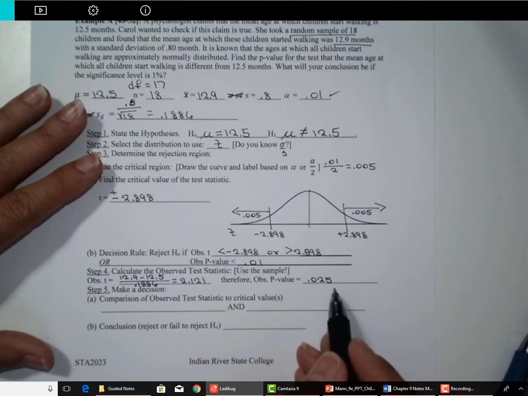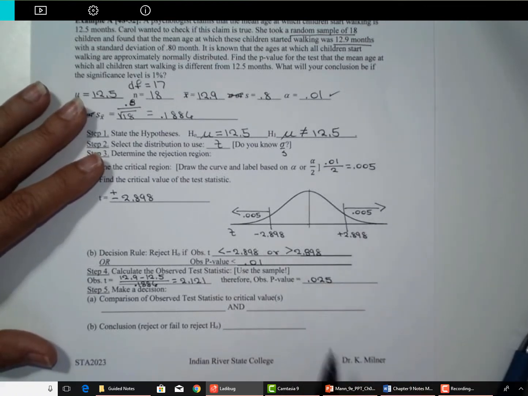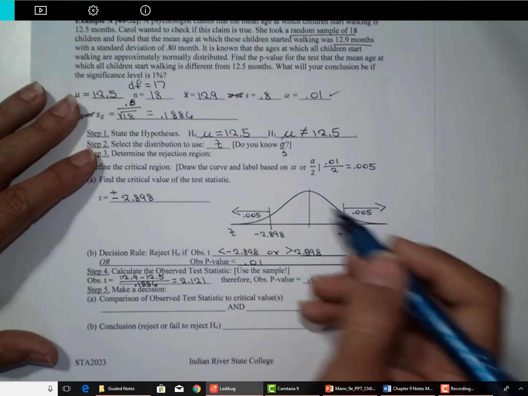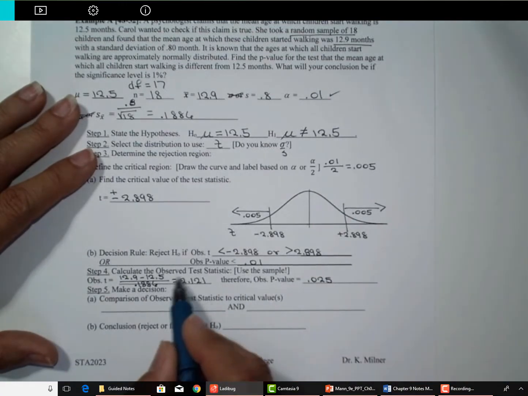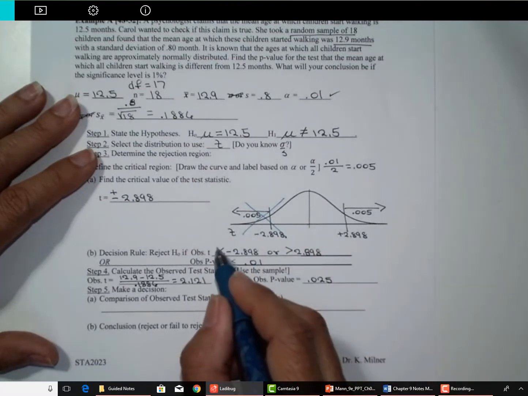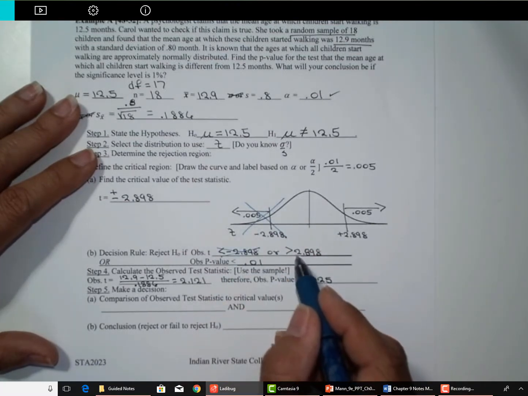But I also know that I have to take my p-value this time and see if I can set it up in my curve here. So where did this fall? In rejection or not rejection? Well, my t-value turned out to be positive, so I don't need the negative side at all. I'm just going to look on the positive side.